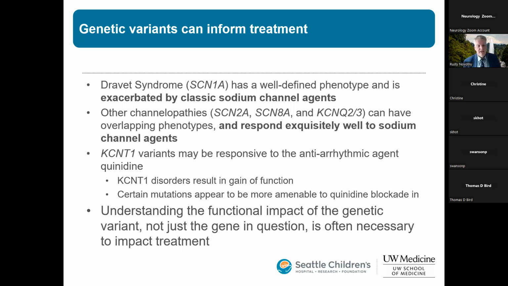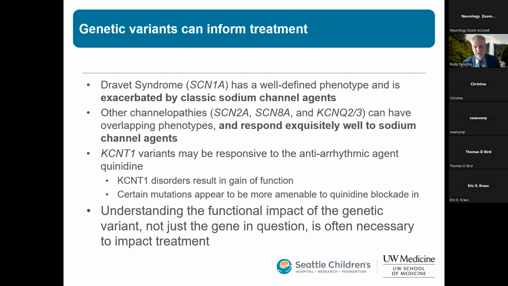I think it's important to know that many of the genetic variants we identify really help us identify treatment. Dravet syndrome, one of the earlier genetic causes of epilepsy, is a well-defined phenotype. It's exacerbated by classic sodium channel drugs, so avoiding sodium channel agents is really important, and there are very well-established protocols of which drugs are most effective in this disorder.